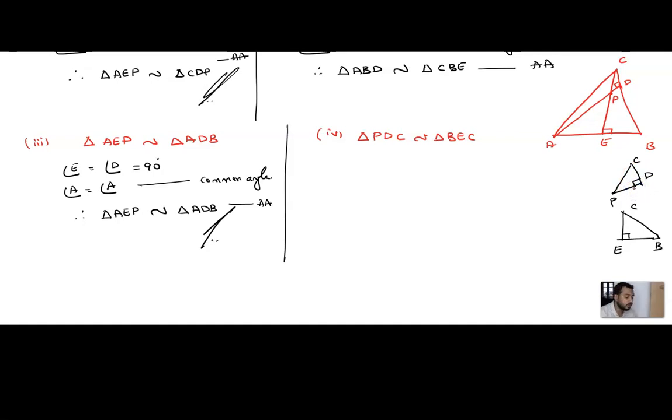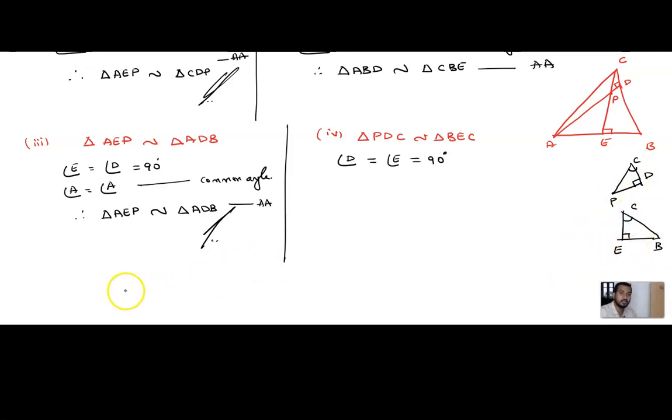Again, what do we know in both triangles PDC and BEC? In triangle PDC, angle D, and in triangle BEC, angle E, both are equal to 90 degrees. Can you see the PDC triangle, children? What is the top angle? That is angle C. In the BEC triangle, what is the top angle?